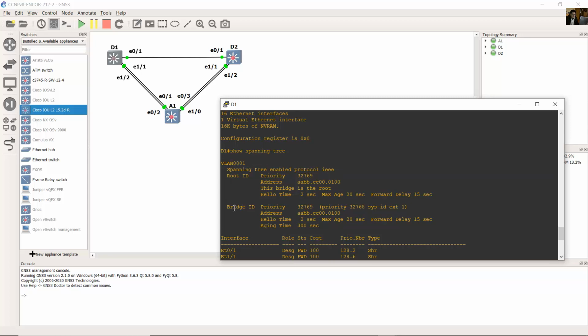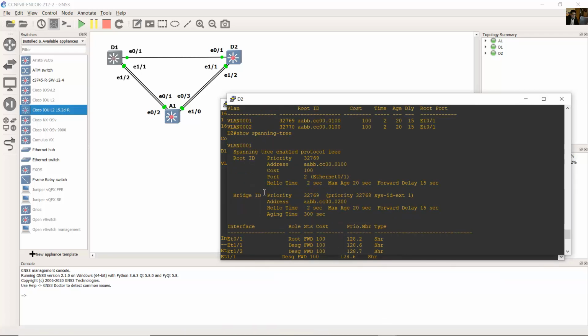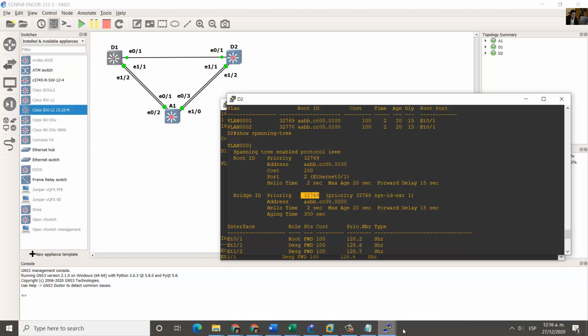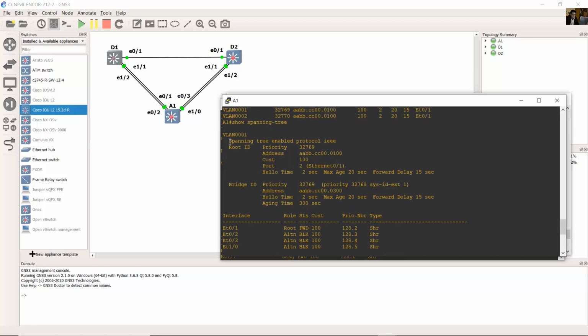For VLAN 1, the priority is 32,769 on D2. For VLAN 1, the local priority on A1 is also 32,769.